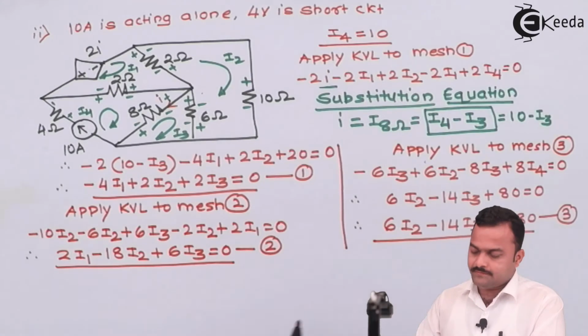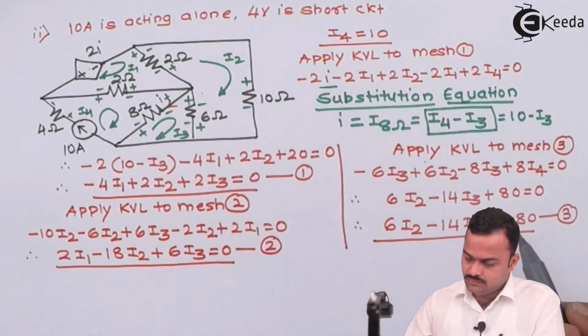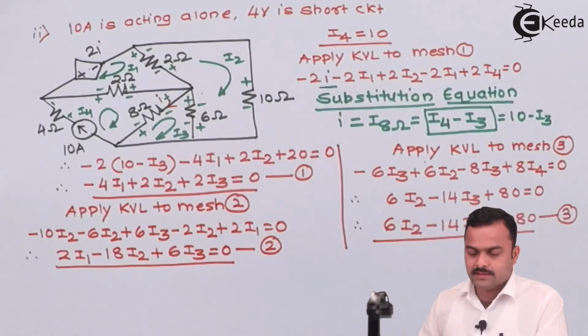So we are having these 3 equations, 1, 2, 3. Upon solving, we will get the values of I1, I2, I3.